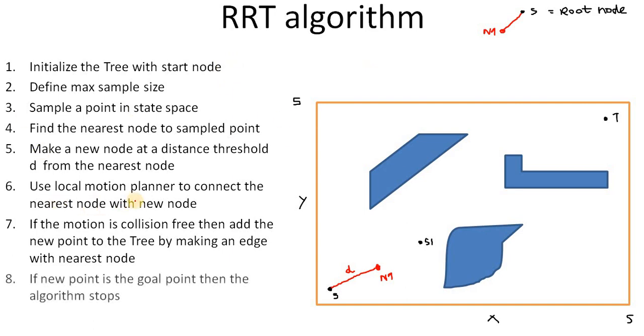What next? If the new point is the goal point, then the algorithm stops. This comes later, but there's a repetition here from step 7.